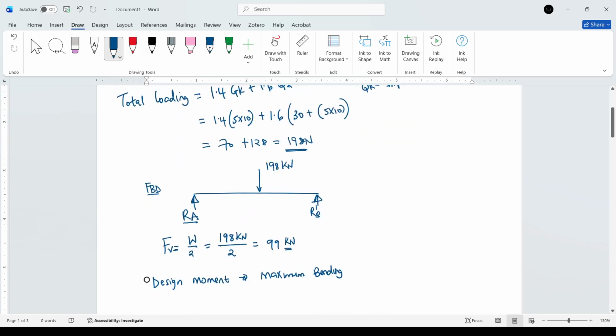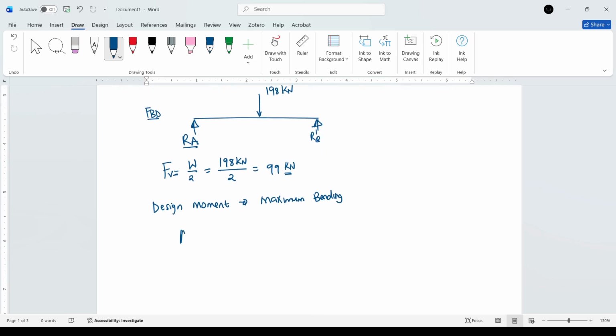We are going to have M equals WL over 4 plus W, which is a small w, WL squared divided by 8. Okay.